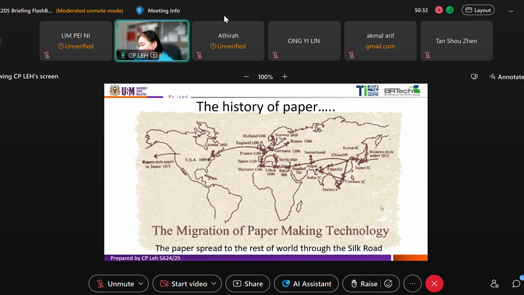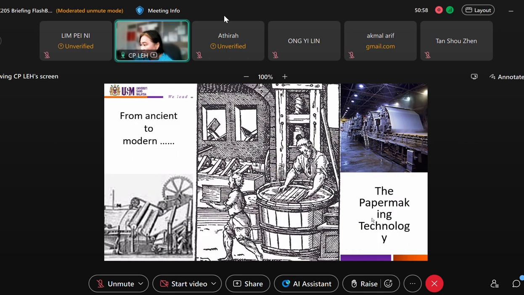Then it followed the Silk Road to the west, to India, the Middle East, and finally to Europe and then America. So it started from the east, then went west along the Silk Road. You can see the papermaking technology from ancient to modern. In ancient times we used the hand-sheet method. You do it during your exam.